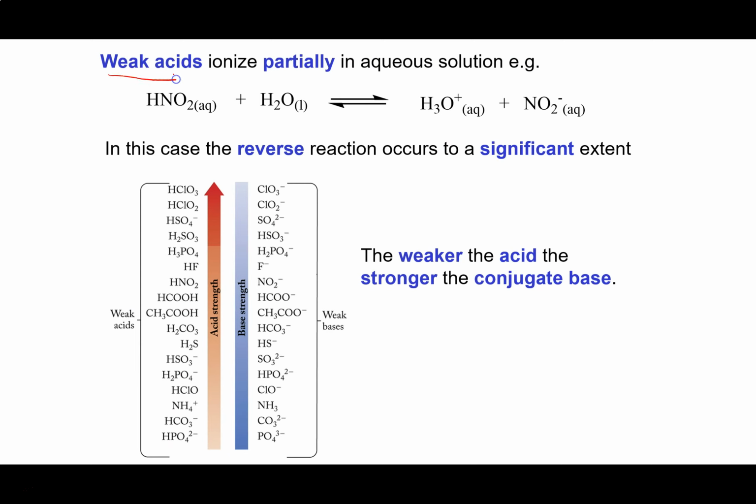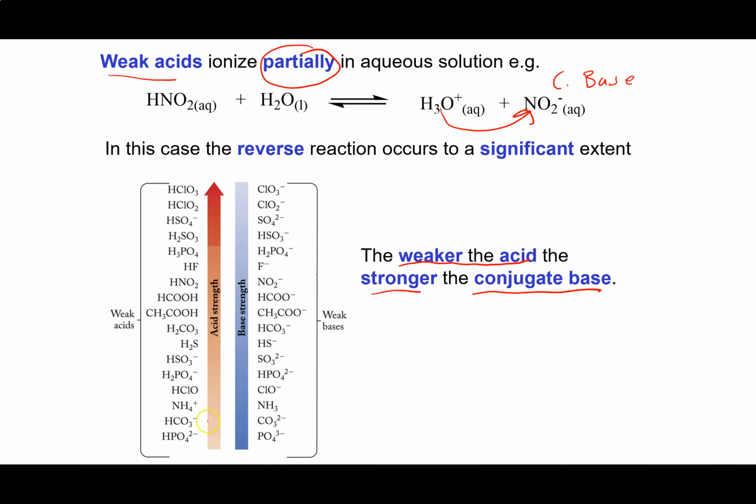Now, weak acids ionize partially in aqueous solution. And so what that means is that the conjugate base of a weak acid is a pretty decent base. Right? It's actually a pretty decent base. So this is, again, a general result, and it is the weaker the acid, the stronger the conjugate base.